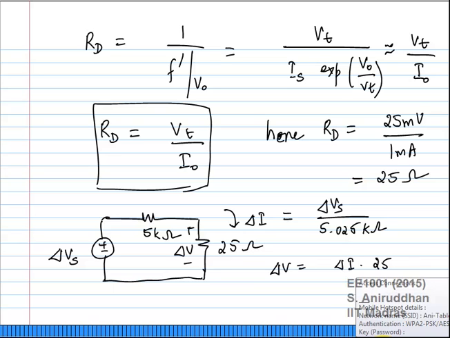Now you can just extend this to a much larger circuit. This is the simplest possible circuit you can think of, having a single diode. But suppose I have a circuit with 20 diodes. You have to solve the nonlinear relationship between the voltages and currents to establish the operating point.